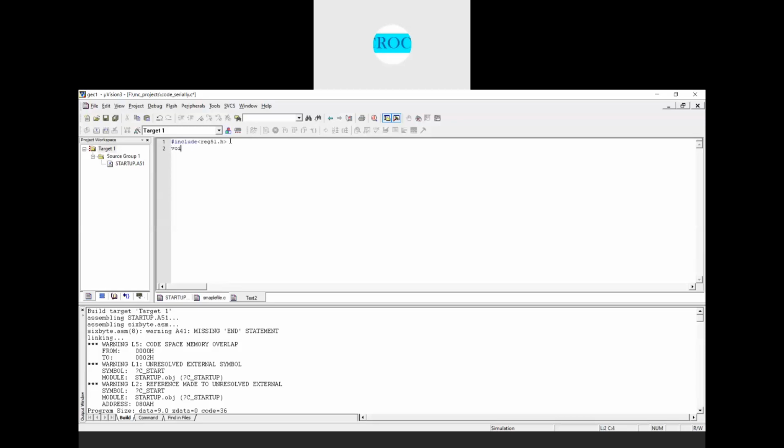Next, we have void main, open the brackets. First, the TMOD register needs to be loaded. It is 20h, so you write 0x20, right? X is for hexadecimal.